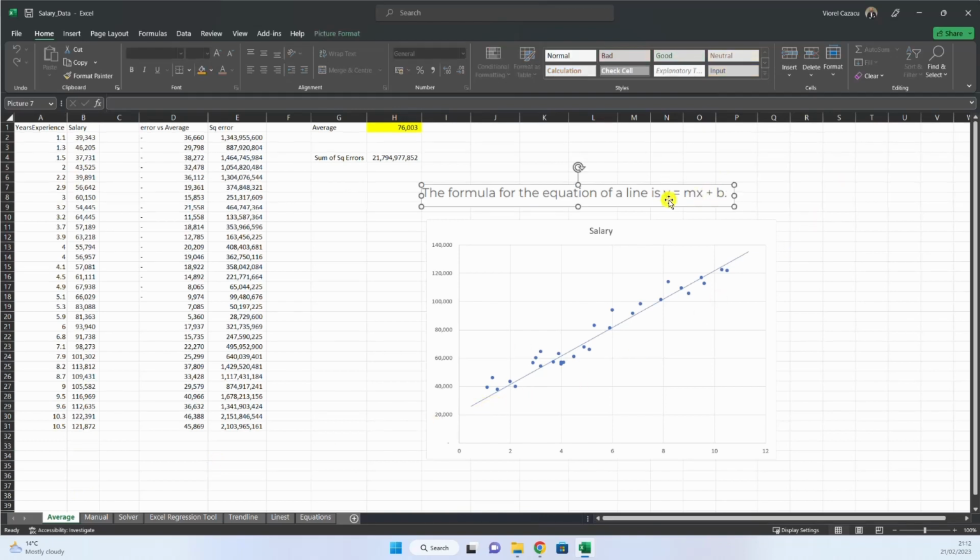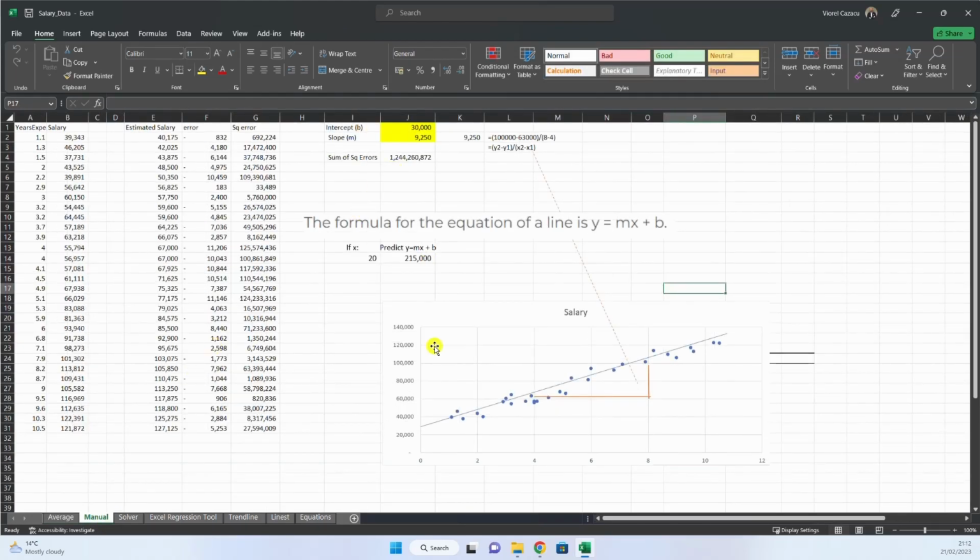So to get this result, y, we have to first find the intercept, the b, and the slope, the m. So the first method for solving this equation will be the manual one.